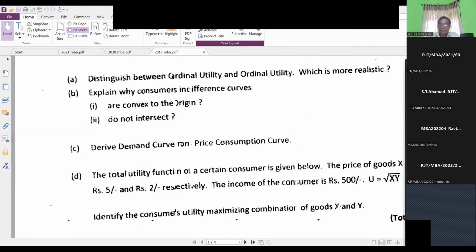Now I will write that U equals the square root of xy. Price of x is 5 rupees. Price of y is 2 rupees. Income 500. Identify the consumer's maximum combination of goods.